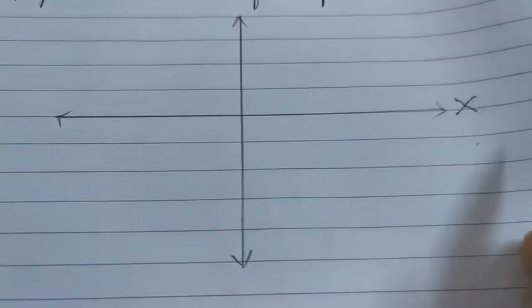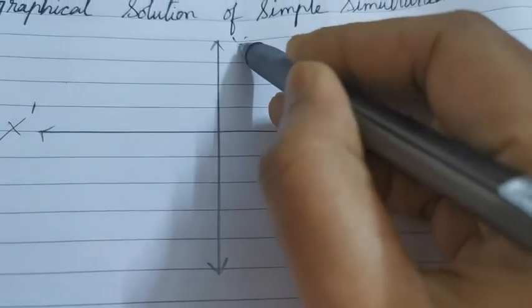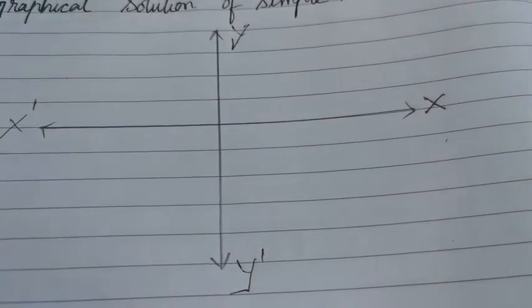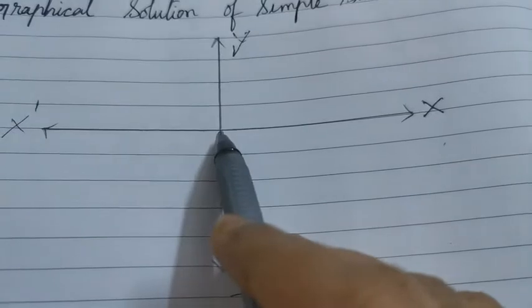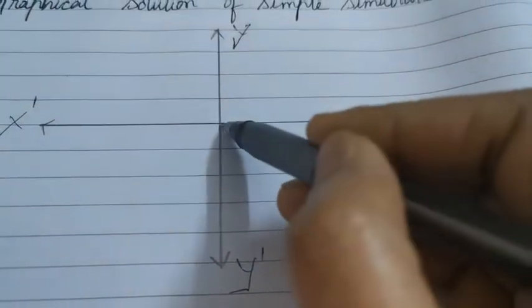So on the right side we have positive x-axis and on the left side we have negative x-axis. And the vertical line stands for y-axis. So the upper part stands for positive y-axis and the lower part stands for negative y-axis. The point where the x-axis and y-axis meet is called the origin.